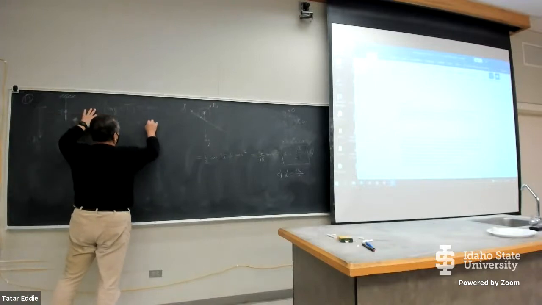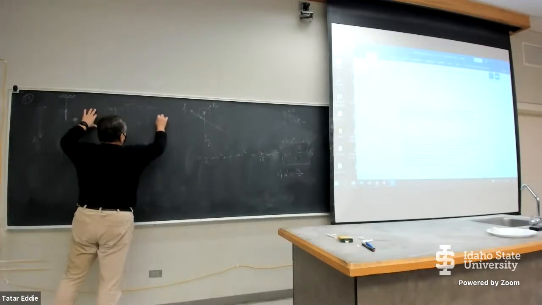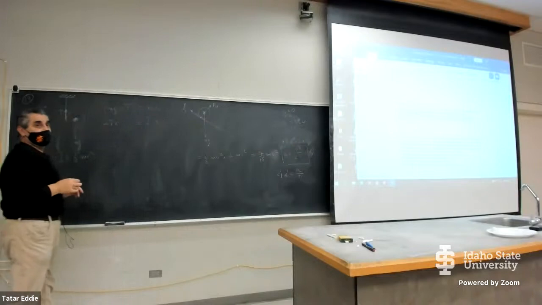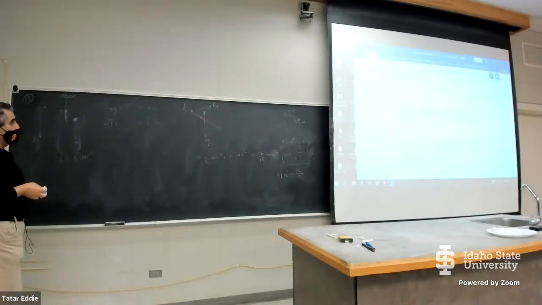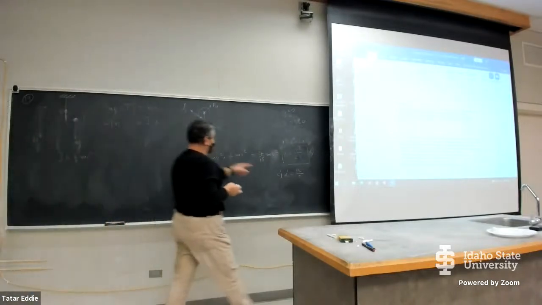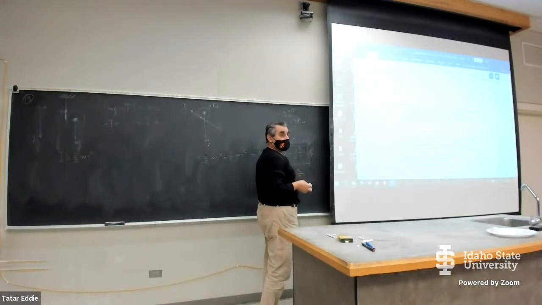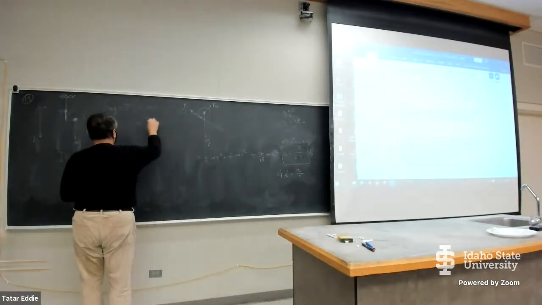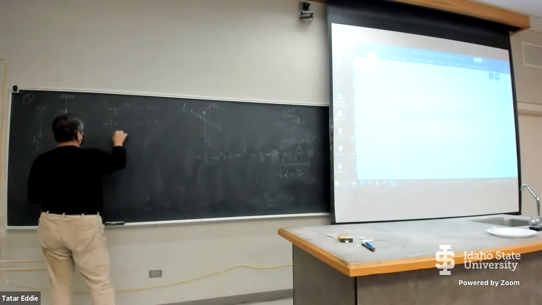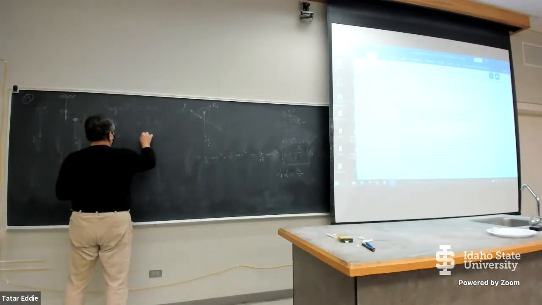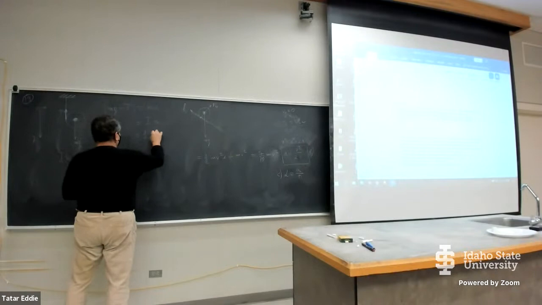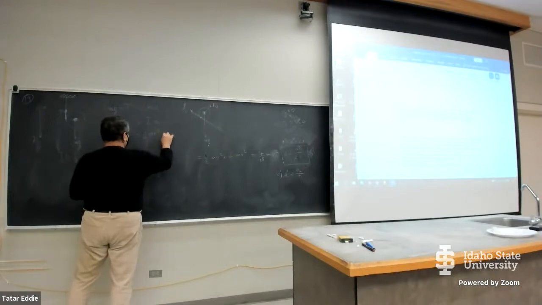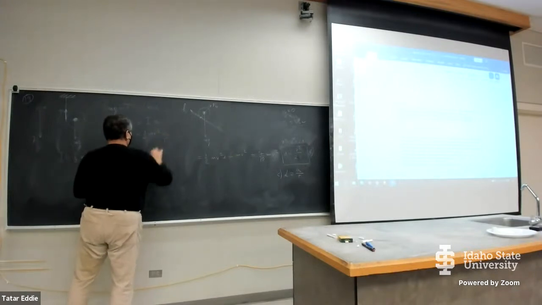That net torque is moment of inertia times angular acceleration. But you know that the angular acceleration is linear acceleration divided by the radius. So instead of angular acceleration, I can say 1/2 mr squared times a divided by r.